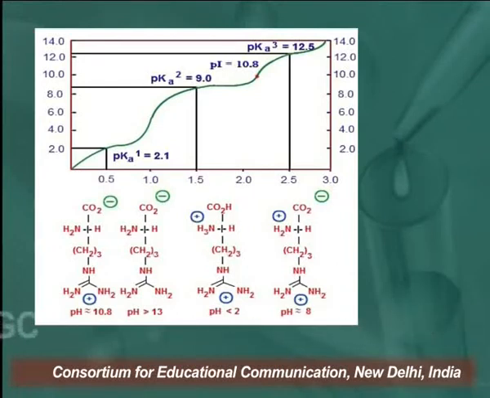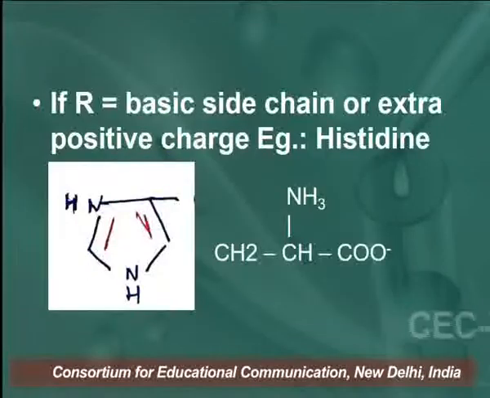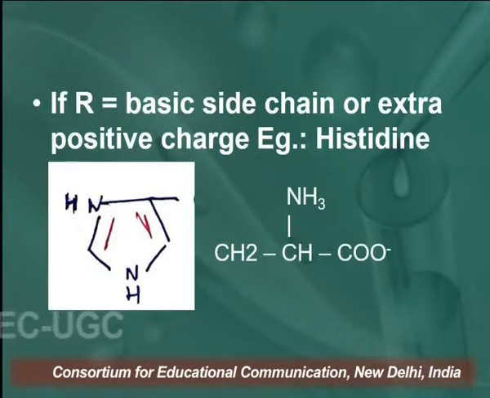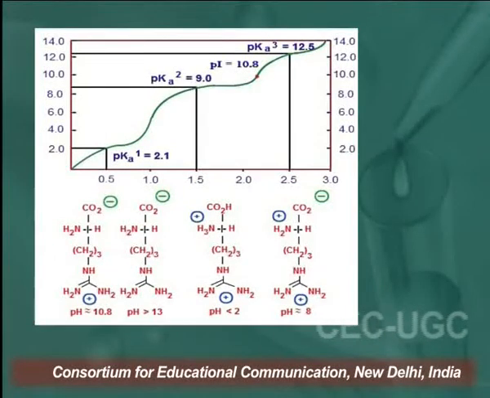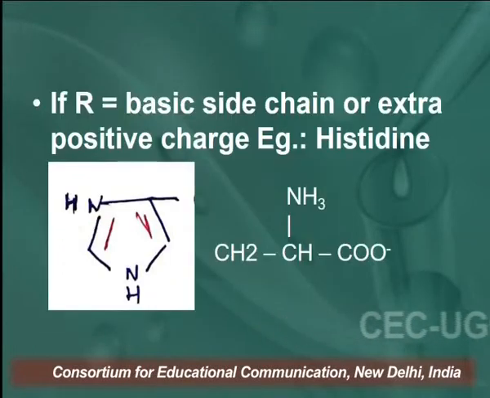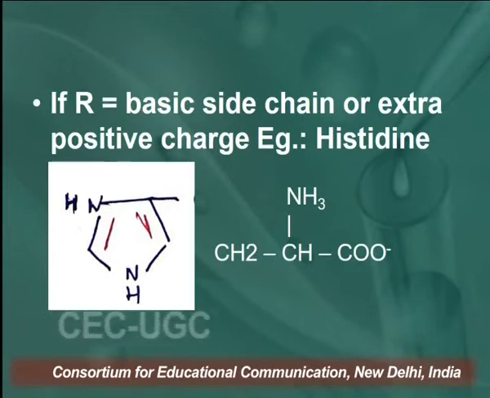Here you have to add the pKa values of the amino groups in the basic medium, not all the pKa values, just the pKa values which show the positive charge of the nitrogen atom on the amino groups. So if R is a basic side chain or there is an extra positive charge, as we had discussed, for example histidine.